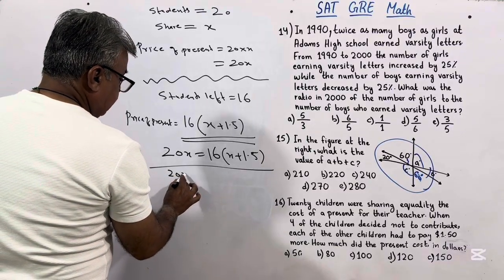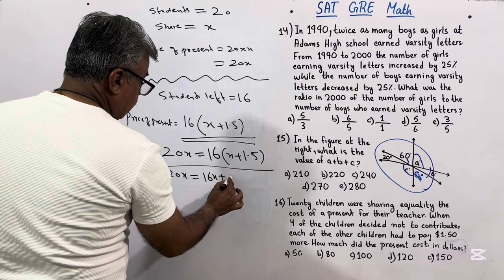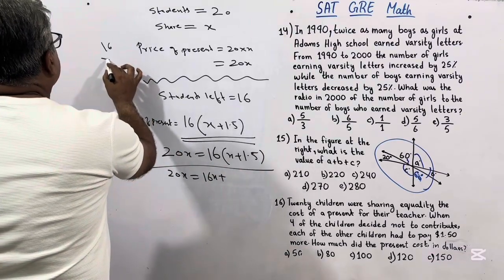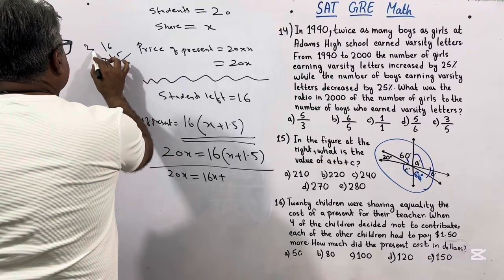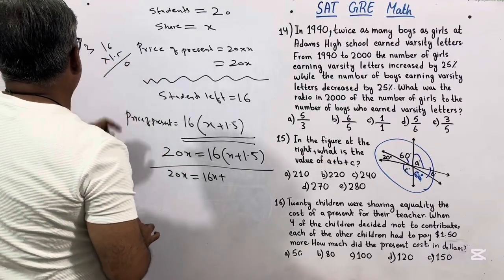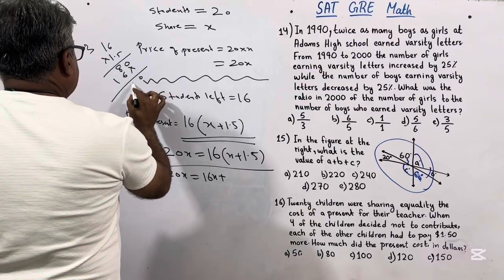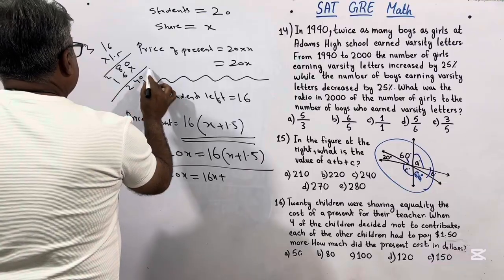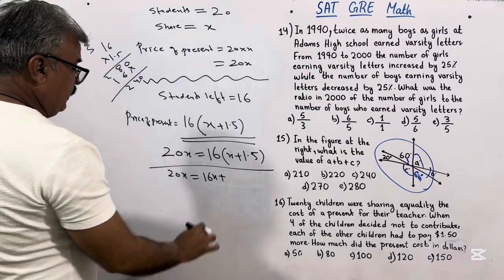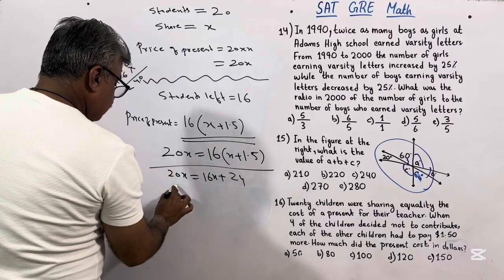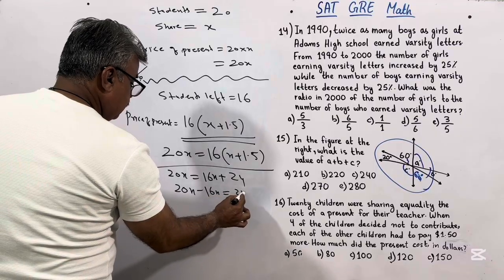So 20x is equal to 16x plus 16 times 1.5. 16 times 1.5 is 24. To solve for x, shift 16x over: 20x minus 16x is equal to 24.